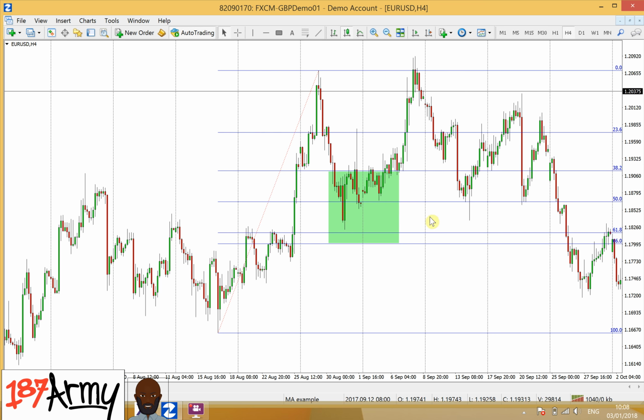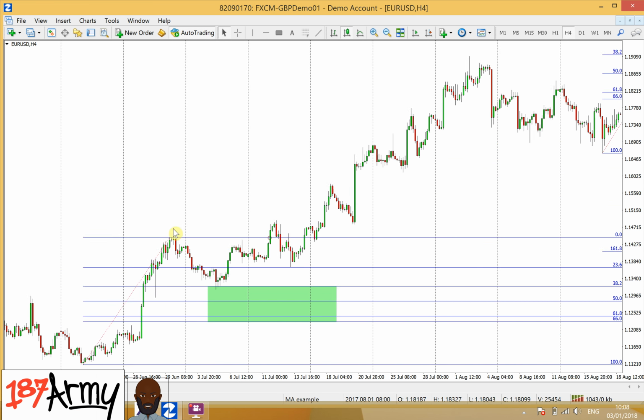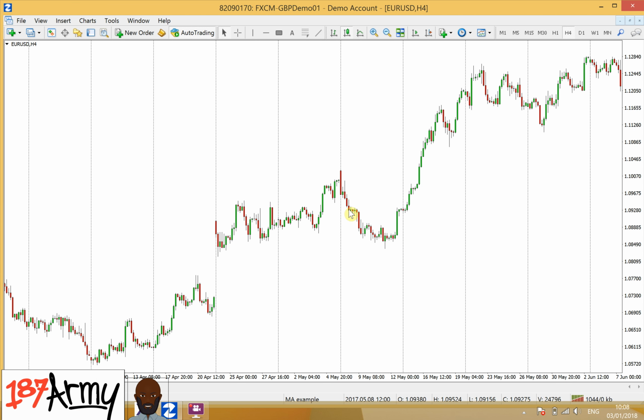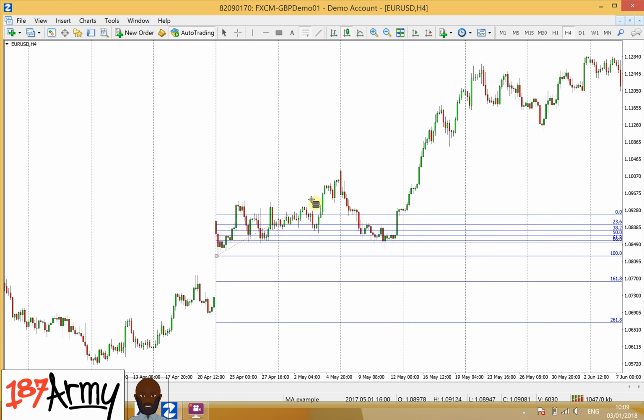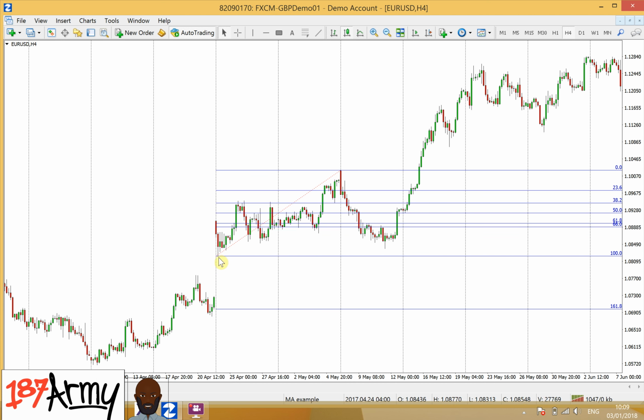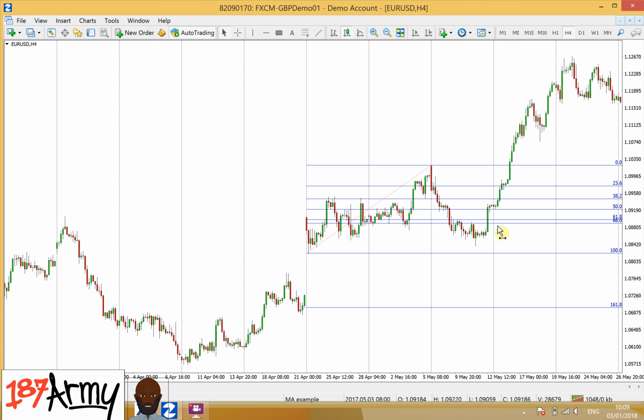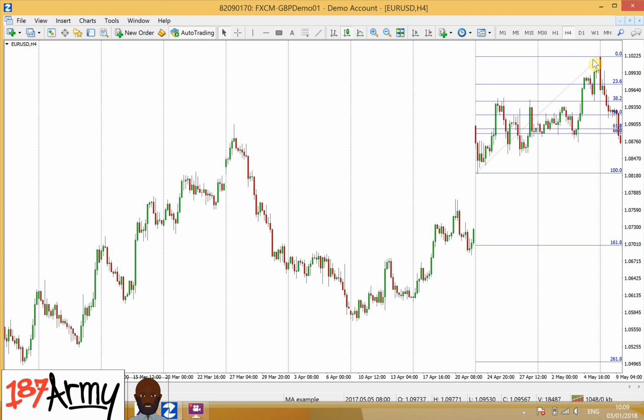The thing is that Fibonacci doesn't always work, because sometimes price does go below the 66.0 level. I'll find an example of where it doesn't work here, for example. So we draw the Fibonacci from the low to the high, which is there, and as you can see, price went up, and according to Fibonacci, you'd wait for some bullish candlestick formation in between the 38.2 level and the 66.0 level.